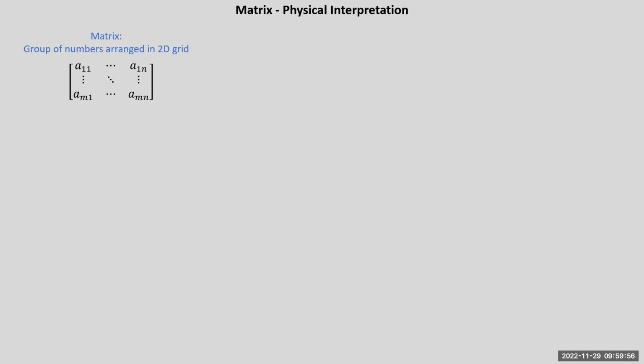So here the question is: is it possible to apply the rules of conventional algebra, that is addition, subtraction, multiplication and division, and the properties of this conventional algebra to a group of numbers represented in a rectangular grid, which is considered as a single number? And the answer is yes. And hence the entire subject evolved out of it, which is called linear algebra.